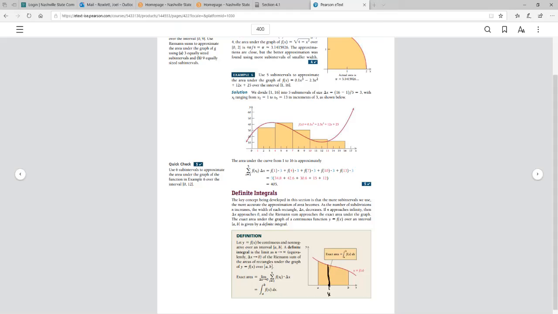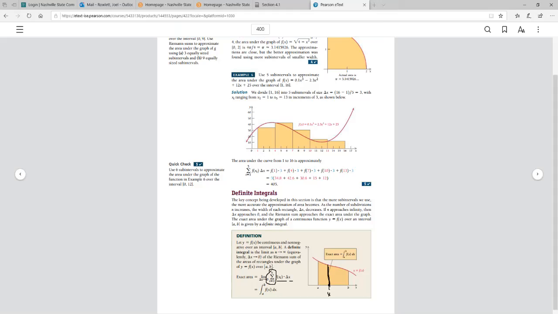Now, the exact area is going to be the sum of all of the heights multiplied by delta x. It's going to be the sum of the products of the heights times the bases.